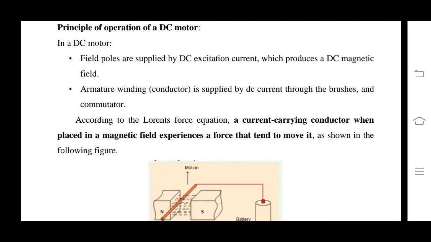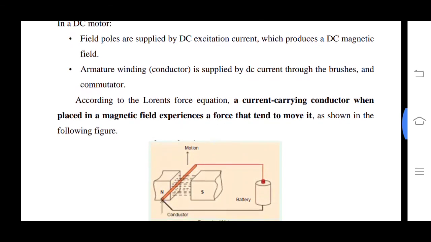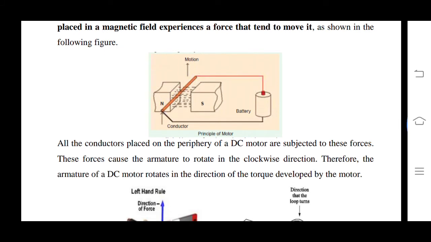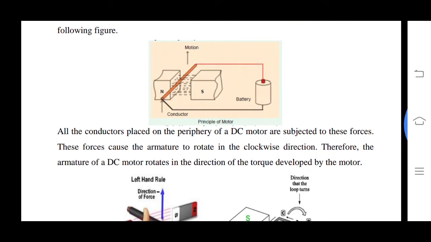That force tends to move it, as shown in the figure. The machine will continue to rotate. All the conductors placed on the periphery of the DC motor are subjected to this force. This force causes the armature to rotate in a clockwise direction. Therefore, the armature of the DC motor rotates in the direction of the torque developed by the motor.